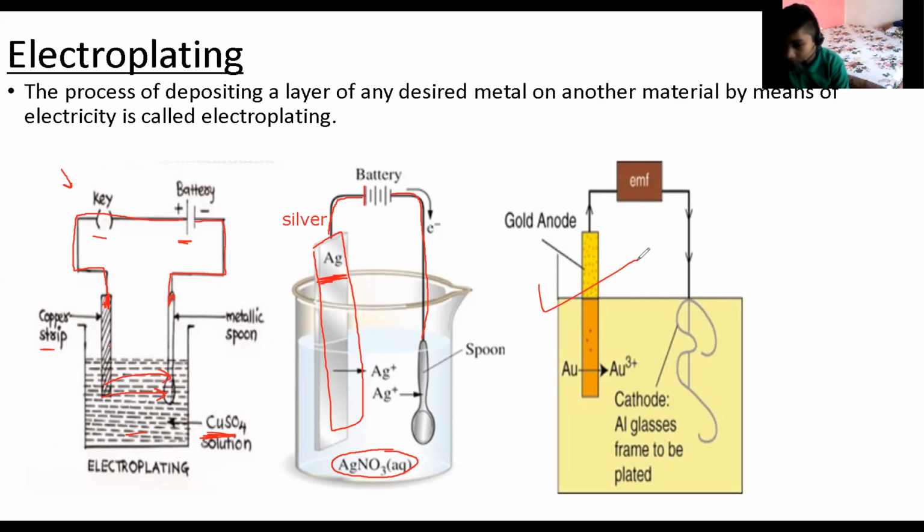Similarly, in the third example, you can see that here Au is used, that is a gold plate is used, and on the other side aluminium glasses frame to be plated, यानी ये चश्मा है जो कि एल्यूमिनियम से बना हुआ है, चश्मे का फ्रेम है, जो कि एल्यूमिनियम से बना हुआ है, उसको प्लेट करना है.